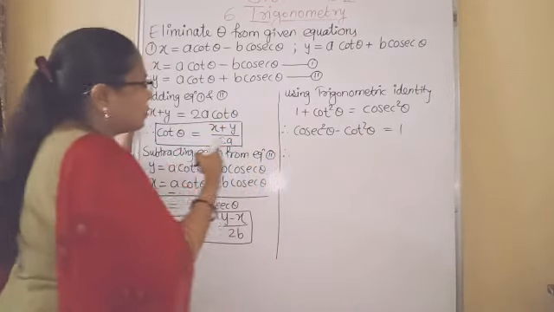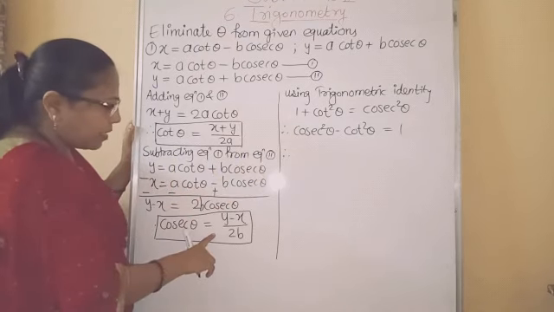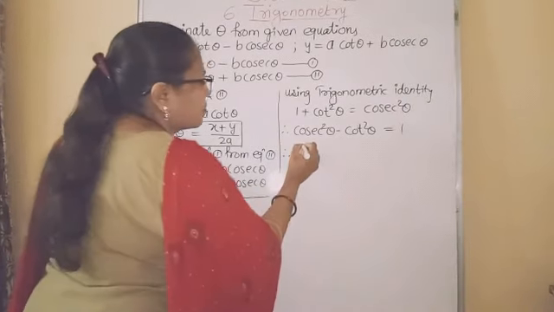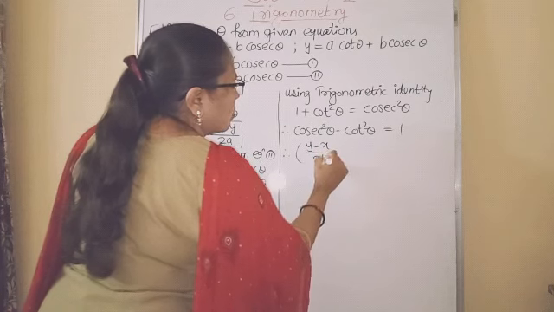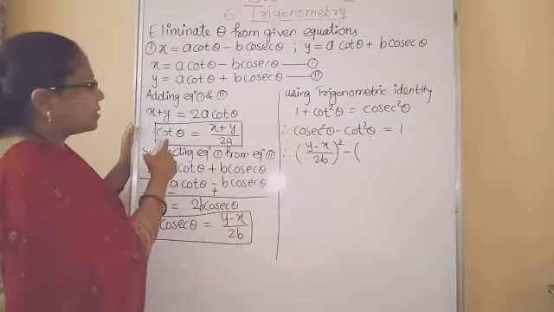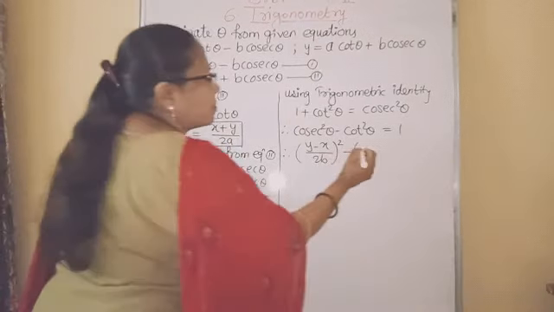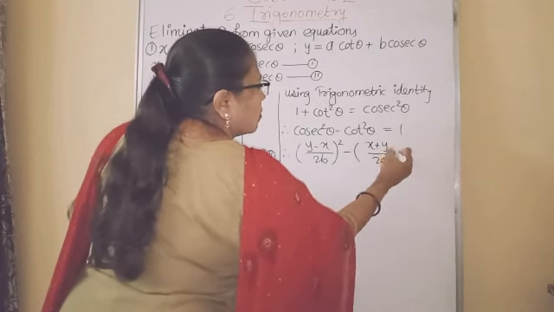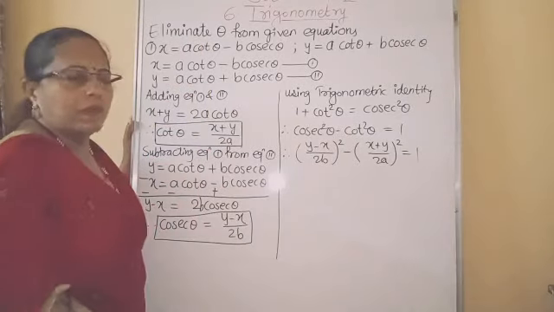Now we will substitute the values. Cosec theta is equal to y minus x upon 2b, bracket square, minus cot theta is equal to x plus y upon 2a, bracket square, is equal to 1.